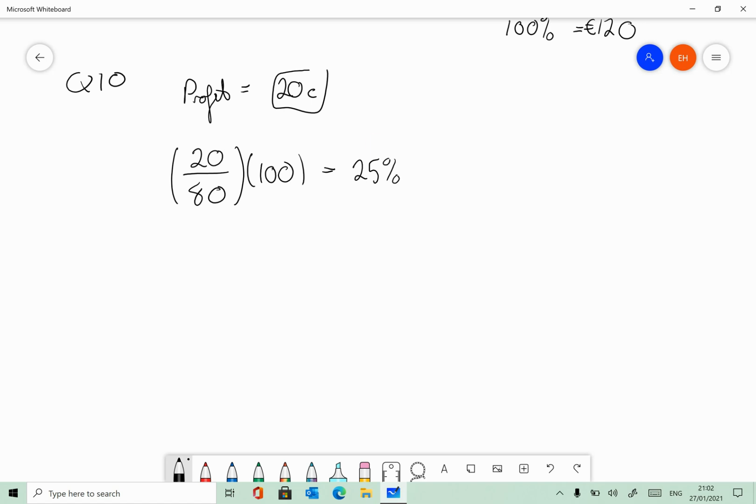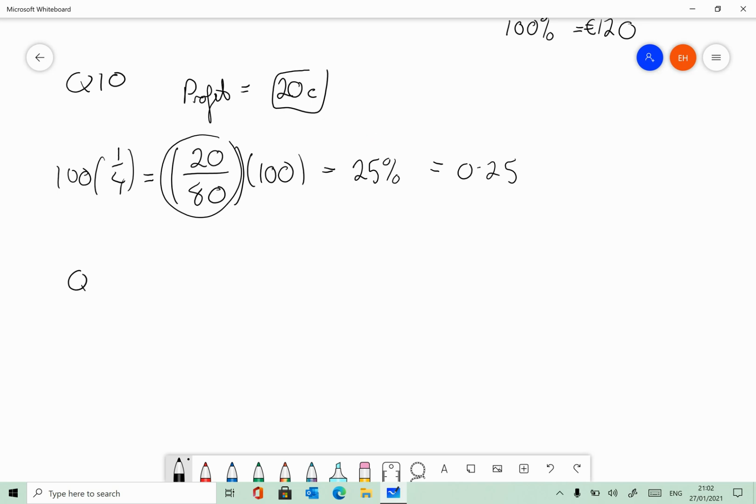Just so you get this, guys, if you put this part here into the calculator, you will get out 1/4, which is the same thing as 0.25. So each of those things are equal. That's the skill that we had a few weeks ago when we were expressing one number as a percentage of a different number.